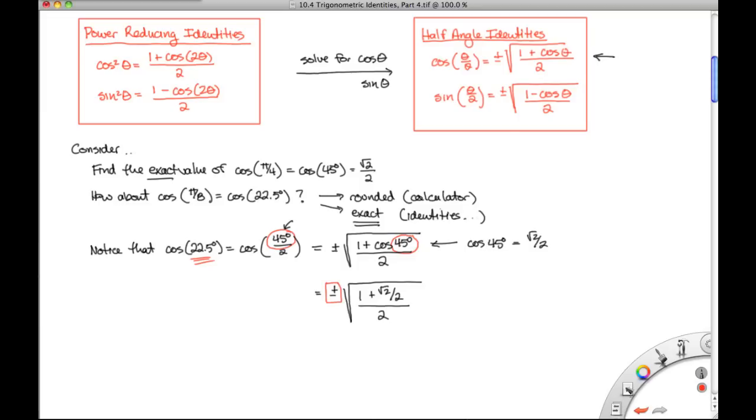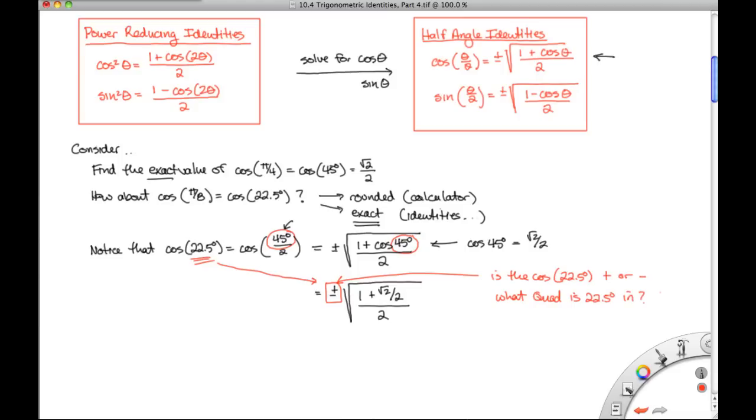We've got a little bit of simplification ahead of us, but before we do that, I'd like to address this issue right here, the plus or the minus. To determine if we're plus or minus, we have to look at our original question. Is the cosine of 22.5 degrees positive or negative? We can answer that by thinking about what quadrant 22.5 degrees is in.